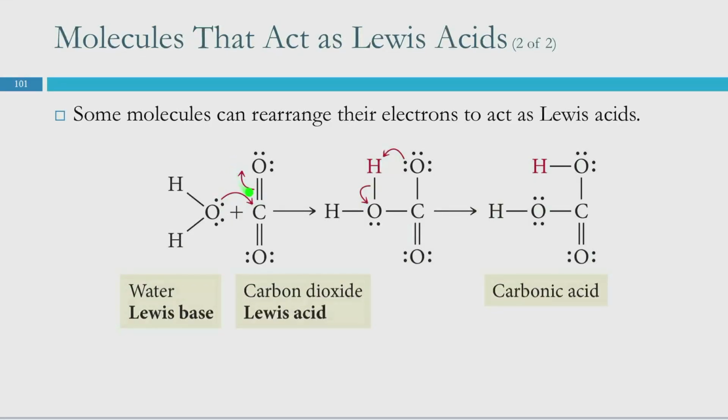If this double bond moves to a single bond, oxygen will be a little bit overloaded. Our carbon is going to have room for another pair of electrons, and so it can bond with water. And then at the same time, or right after that at least, the oxygen that has extra electrons can attack one of those hydrogens in the water molecule, and then it reforms to carbonic acid.